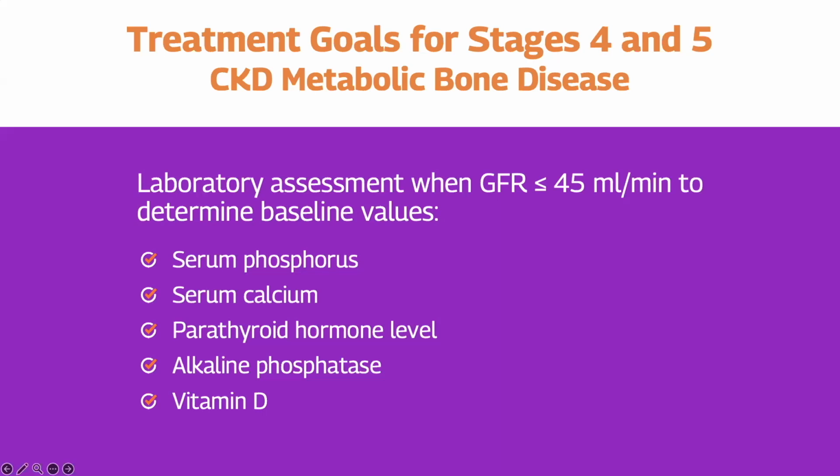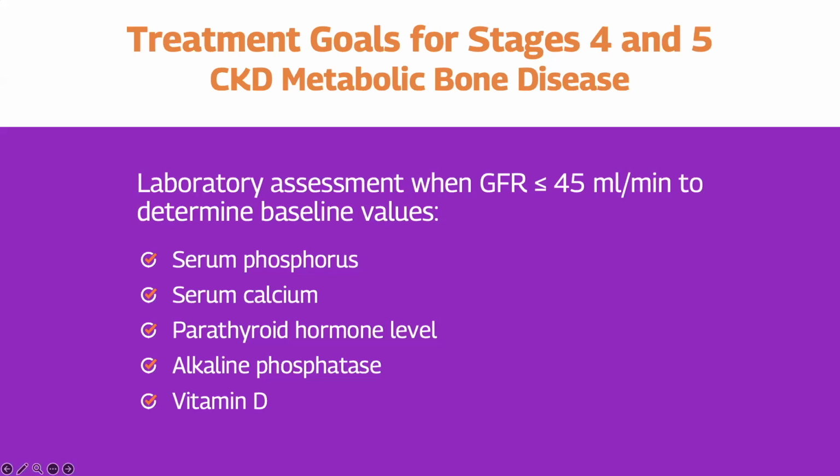So the guidelines recommend measuring serum levels of calcium, phosphorus, parathyroid hormone, alkaline phosphatase activity, and vitamin D at least once in adults with a GFR less than or equal to 45 to determine the patient's baseline values to prevent that metabolic bone disease.